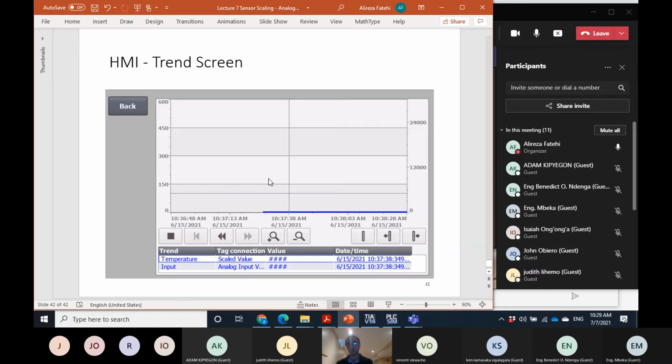Also, you can have a trend, the curve of the changing variable. The detail on how to call them and how to assign value to them are given in the recorded session, so please watch that. I'm not going to go through the detail, but we're going to use them and see the effect.